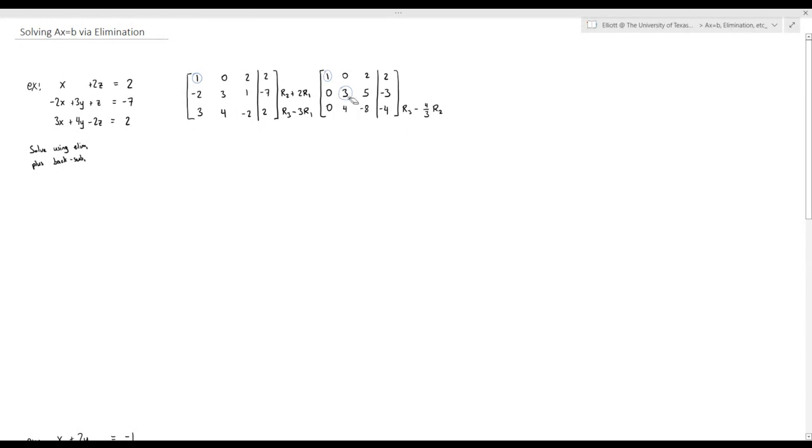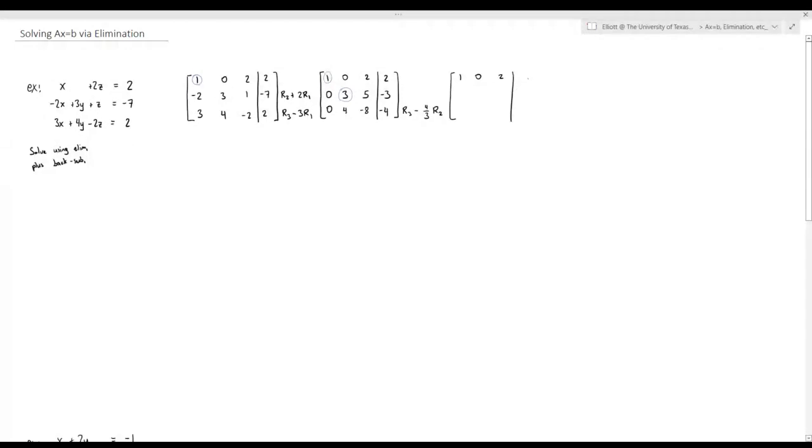The way I think about it is I divide by 3 to make it a 1, and then I multiply by 4 to get a 4, and then 4 minus 4 eliminates that for me, okay? So let's see what that's going to leave us with.